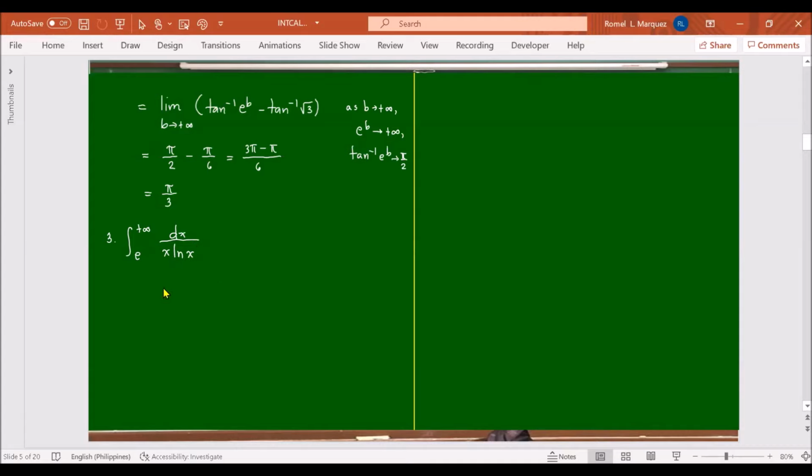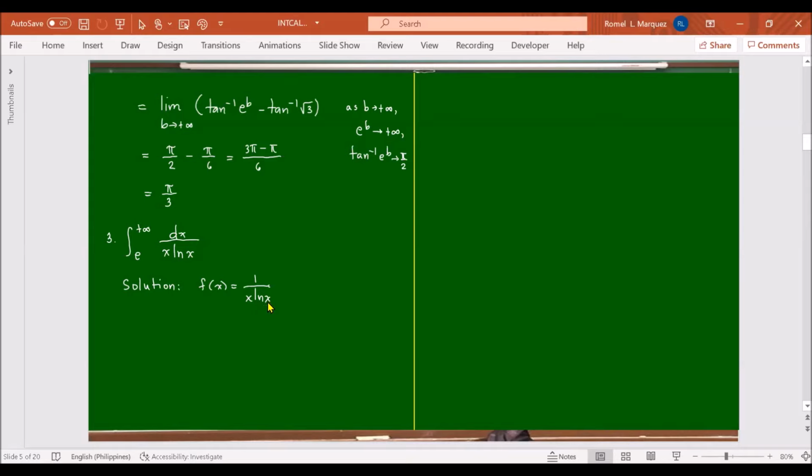Okay? So here our integrand is 1 over x ln x. It has a problem when x is 0.